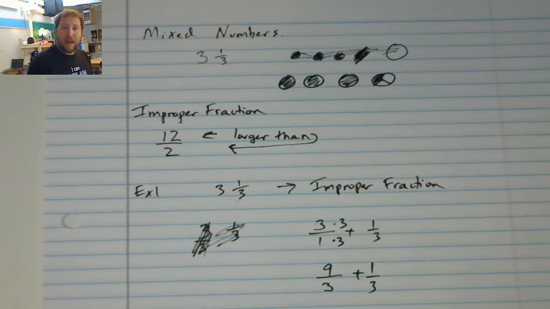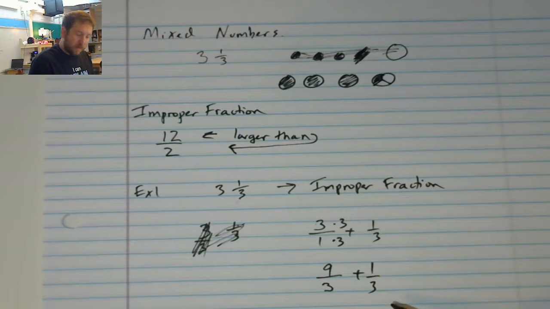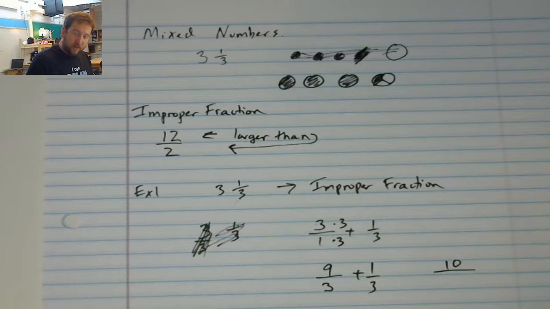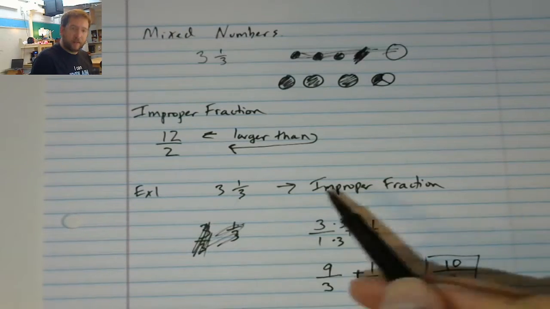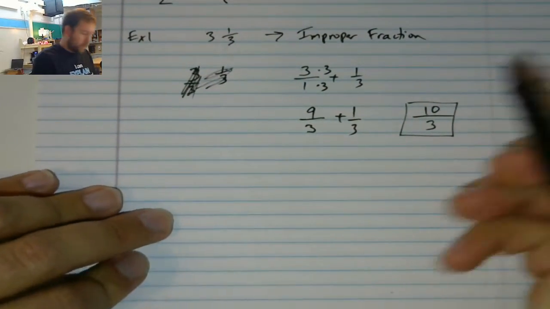If you remember how to add fractions, we just add across, but we can only add if the denominators are the same value. So 9 plus 1 is 10, and the 3 I just leave the same, so I have 10/3. So this would be my answer when I'm turning a mixed number into an improper fraction. Let's do another one.